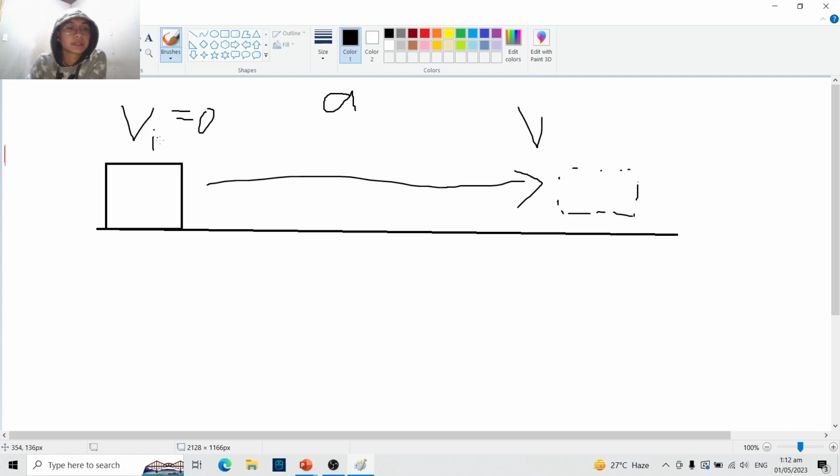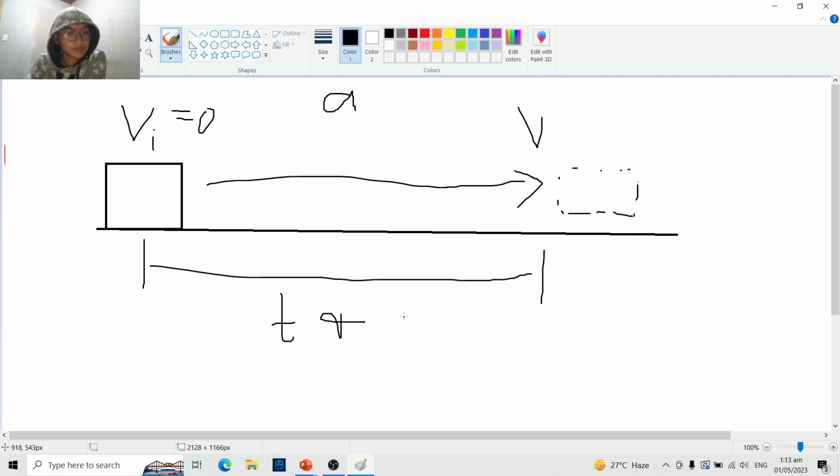From this part to this velocity, we take a certain amount of time and distance.